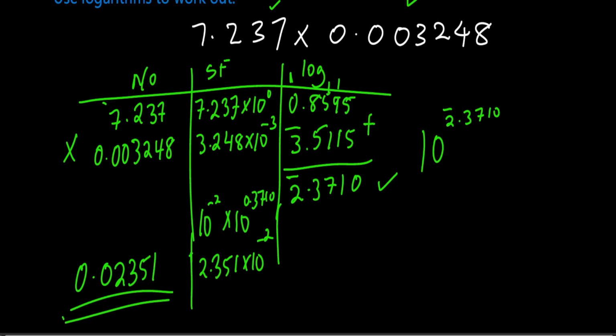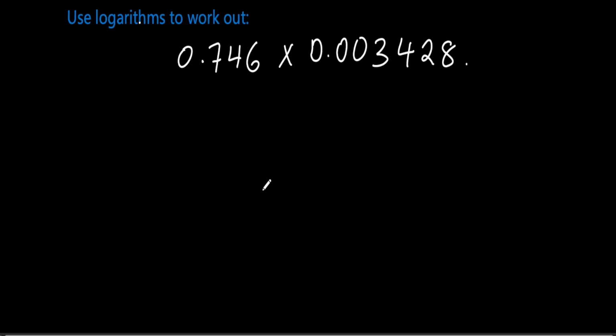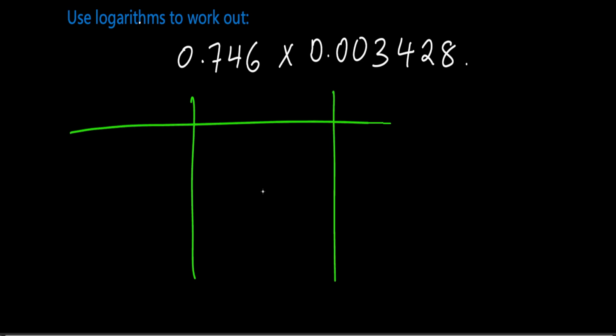Now let's go to the other question. This is another question of the same nature, so you can pause the video and do it by yourself. Write here: number, standard form, and logarithm.